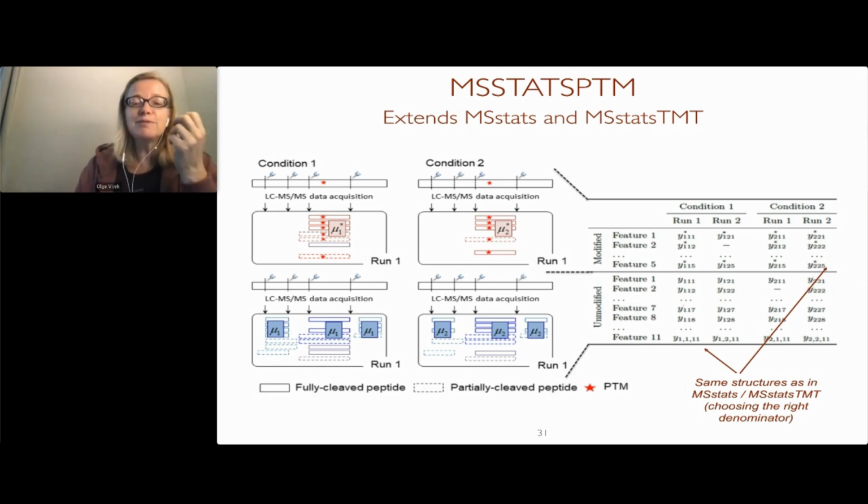Typically, it is really useful to have two sets of profiling experiments, one which is enriched in PTM and the other which only has the unenriched features. It is possible to also find some unmodified features after enrichment, but usually it's much worse quality. So having two separate runs is much more effective.